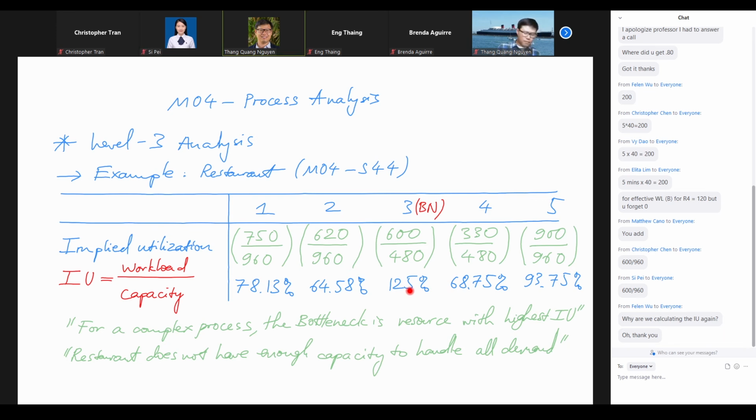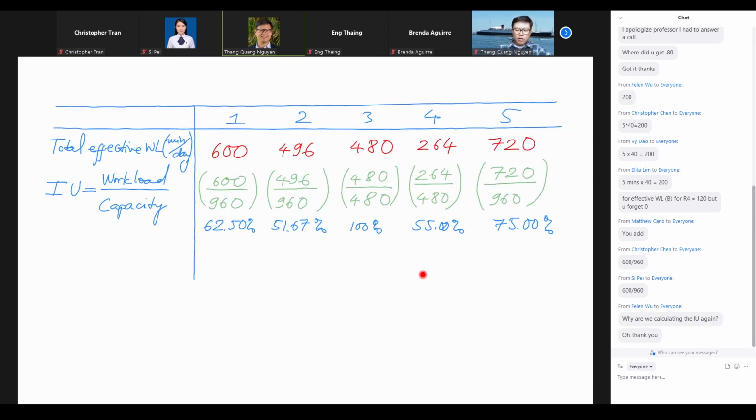Okay, all right. So earlier we found out that the IU here is 125%, exceeding, right? So the demand exceeds the capacity by 25%. So we try to cut that extra 25% off, and that's why we go here and hit exactly 100%.